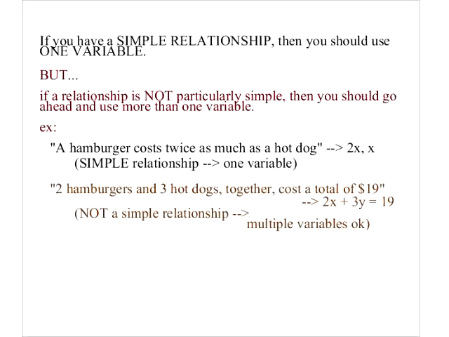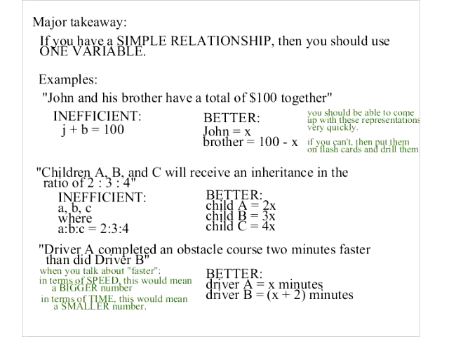Okay, there's a question in the text box. The question is, does a non-simple relationship mean unequal quantities? No. These quantities, for example, are not equal, but this is still a simple relationship. I mean, this is probably an unsatisfactory definition, Eric, but it's a circular definition of sorts.